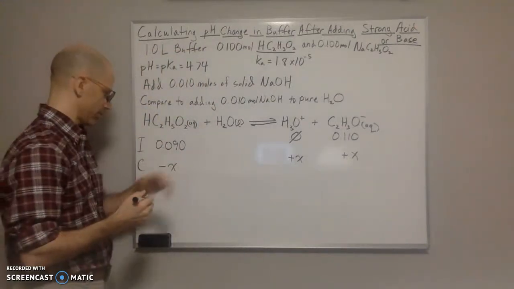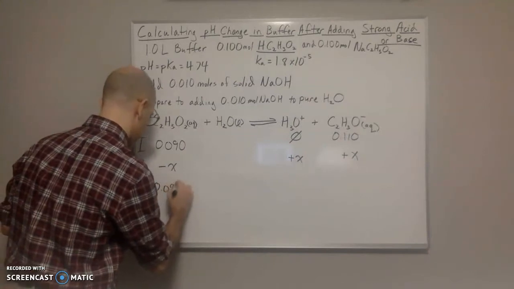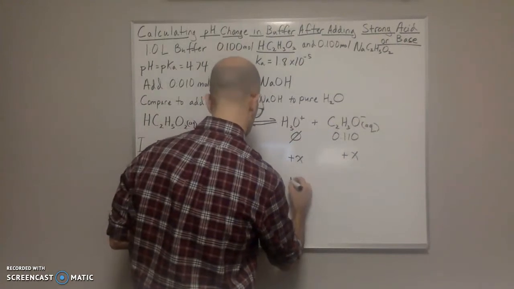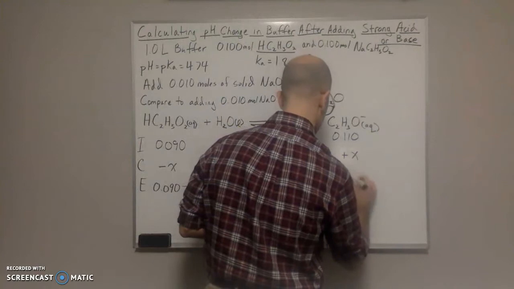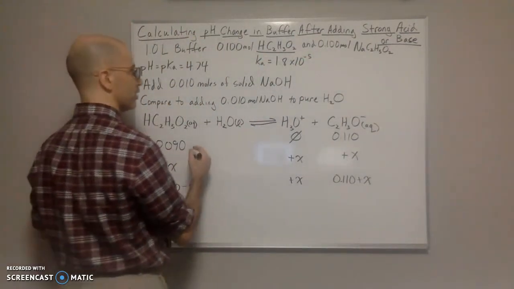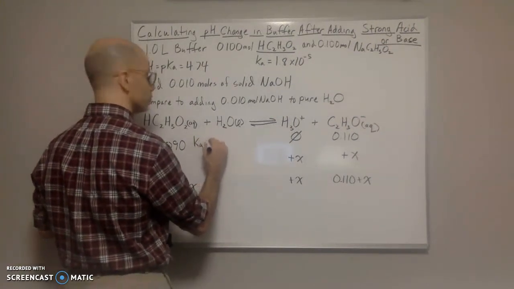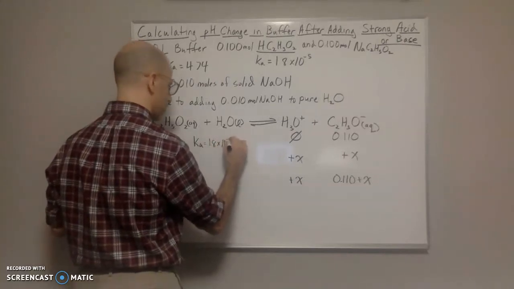And then we add everything together to get our equilibrium expressions: 0.090 minus x. And then this is going to be plus x, and this is going to be 0.110 plus x. And then we put this into our Ka value. So Ka is equal to 1.8 times 10 to the negative 5.